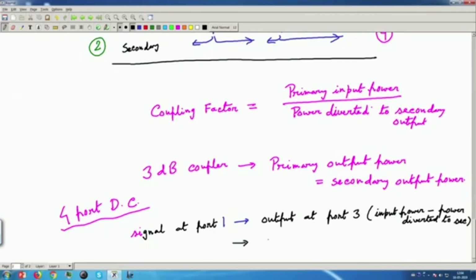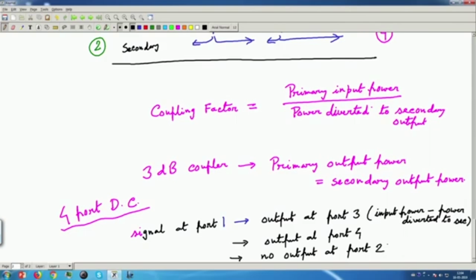Also, I will get output at the secondary port, that is port 4, and since it is a directional coupler, no output at port 2 because it is directional.